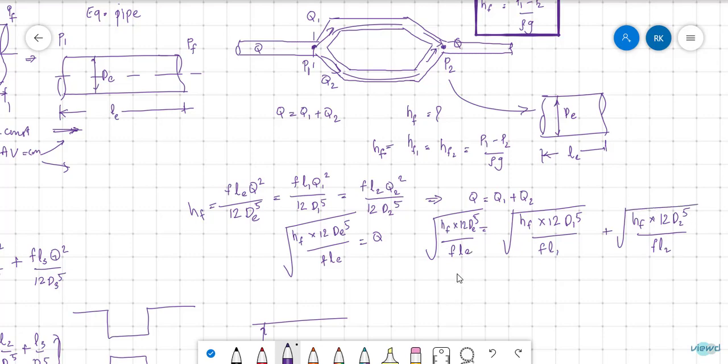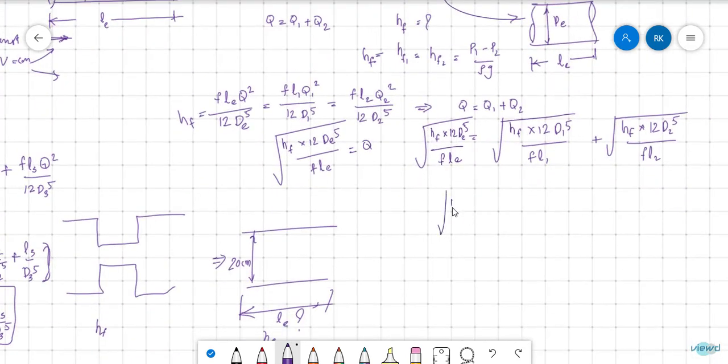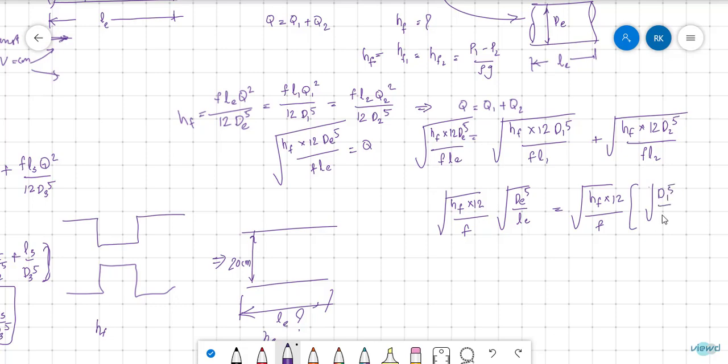So taking the common terms outside, under root of HF into 12 divided by f into under root of D_E power 5 divided by L_E is equal to under root of HF into 12 divided by f, taking this common, and inside D1 power 5 divided by L1 plus D2 power 5 divided by L2.